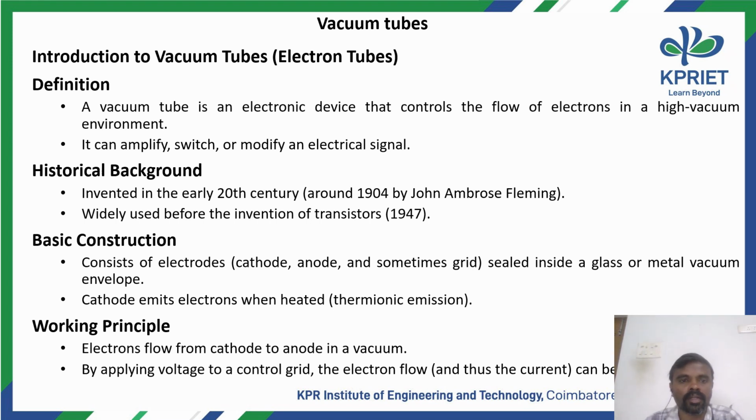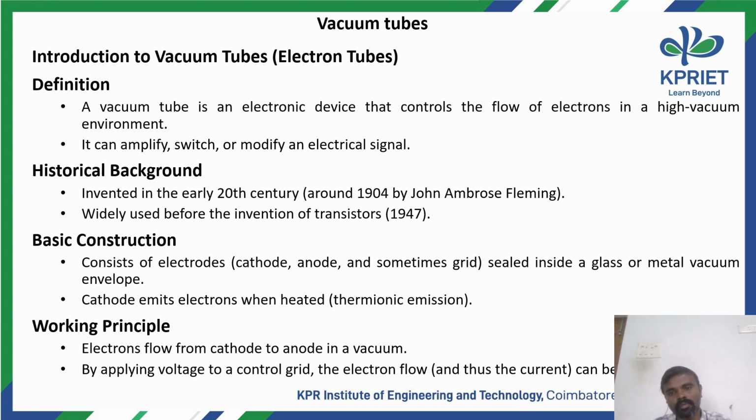Electrodes means we have some cathode or anode like devices. One side will be used for emitting the electrons, and the other side will be used for accepting the electrons. For example, we keep the cathode on one side. When it is heated, it will emit the electrons. Then after their flow, they get absorbed by the anode.